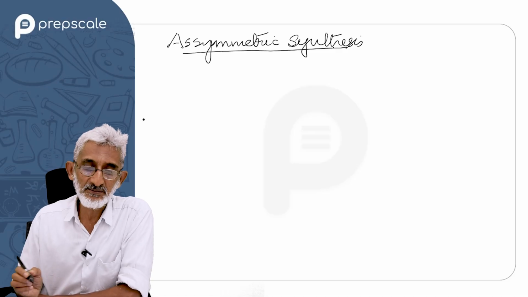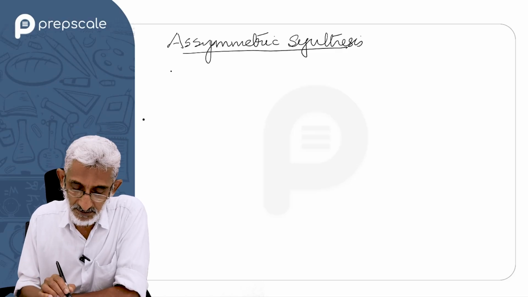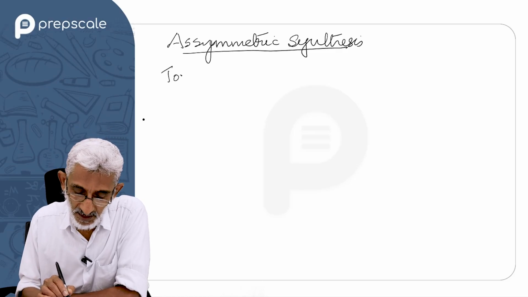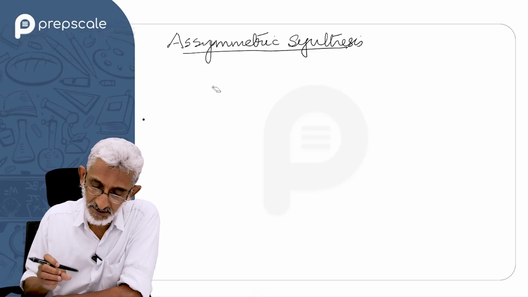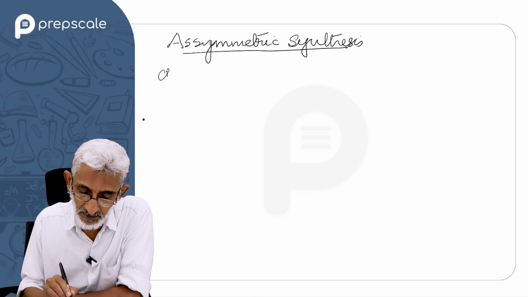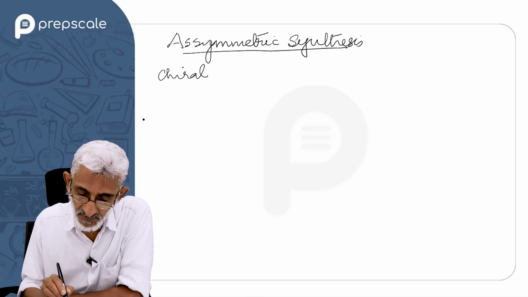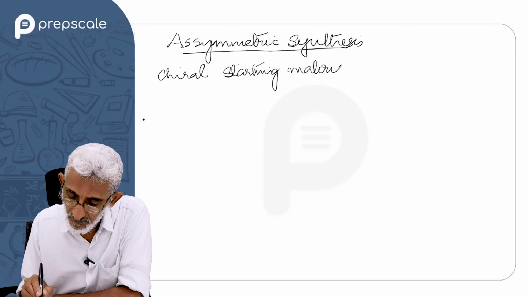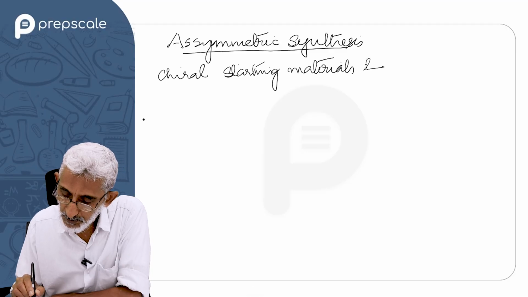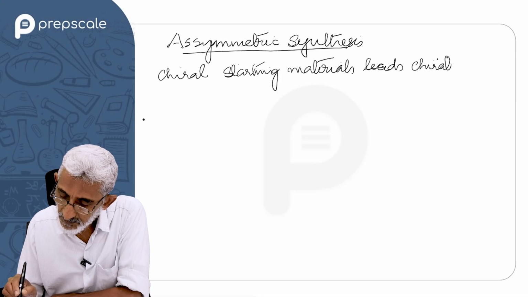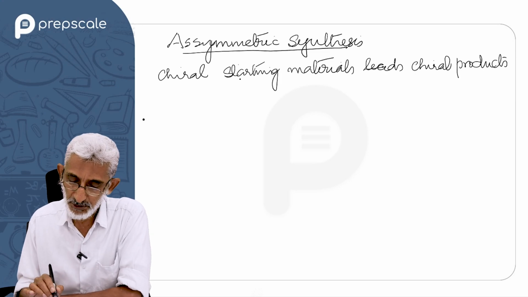There are two basic ways by which you can synthesize. I will just write one point here: chiral environment, chiral starting materials lead to chiral products. This you should always remember.